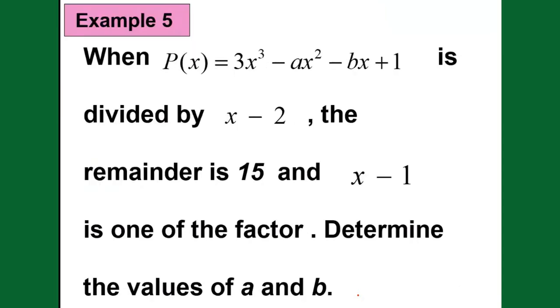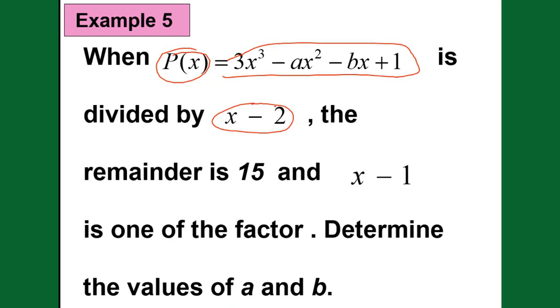Okay, the example 5. When P(x) polynomial is divided by x minus 2, the remainder is 15. Cuba ingat balik, recall macam mana nak ambil info one equation. Divisor, this is divisor. x minus 2 is equal to 0, x is equal to 2.